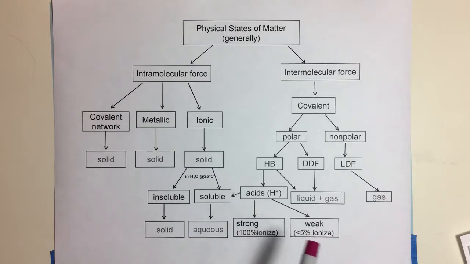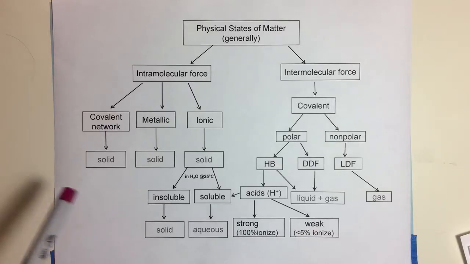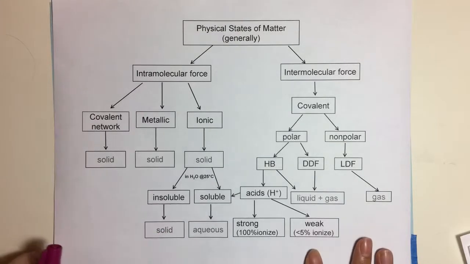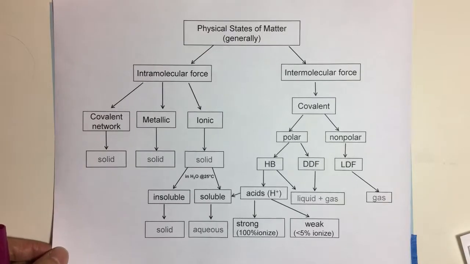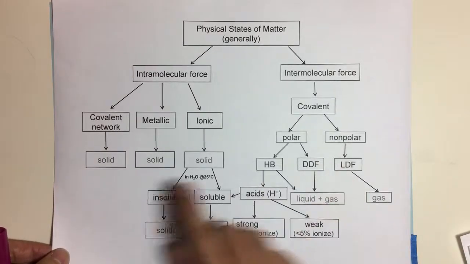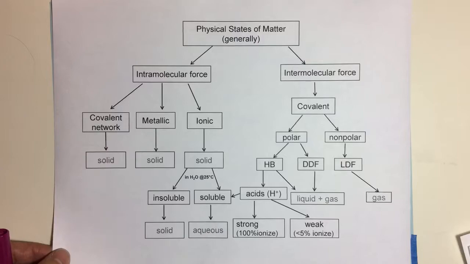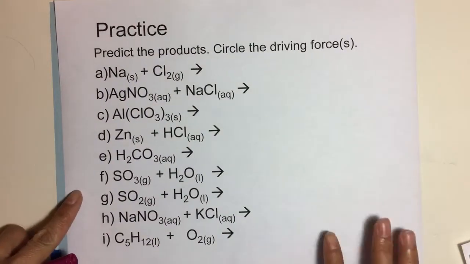I'd say less than 10% overall because most books will say weak acids are less than 10%. Okay? So here's the whole chart to tell you the physical states of matter generally, so that when we predict, we can take a good educated guess as far as what the states of matter of those substances are.